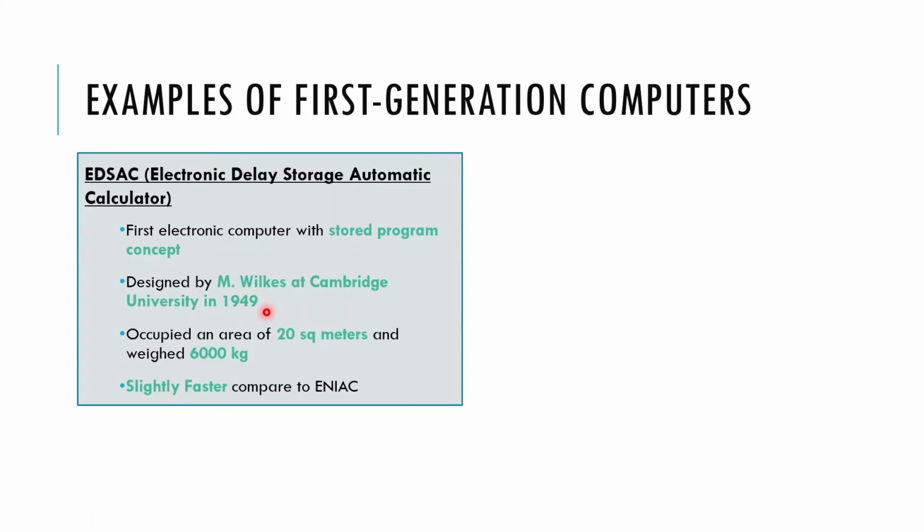It occupied an area of 20 square meters and weighed 6,000 kg. Slightly faster compared to ENIAC. But this one was the first electronic computer that used stored programs.